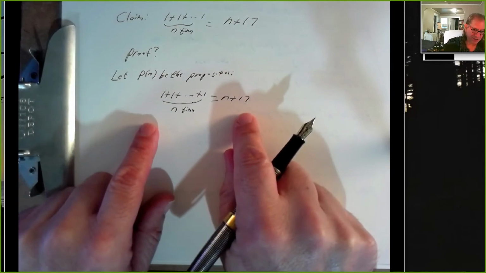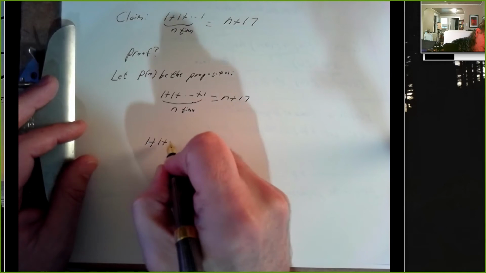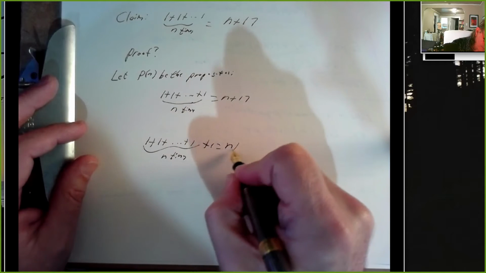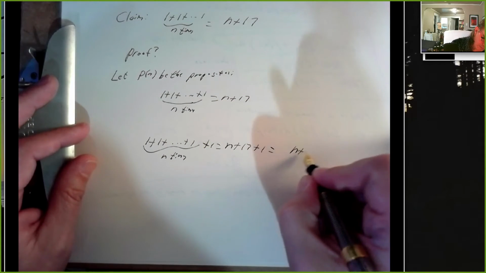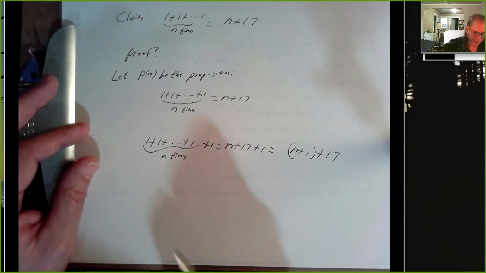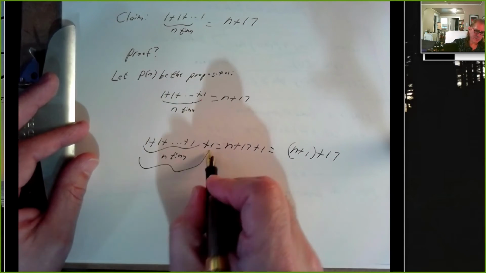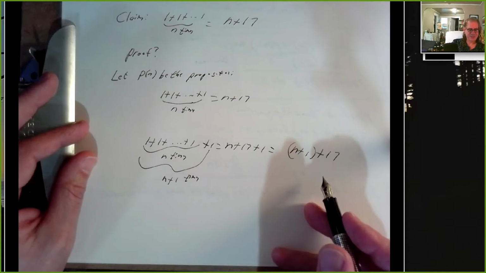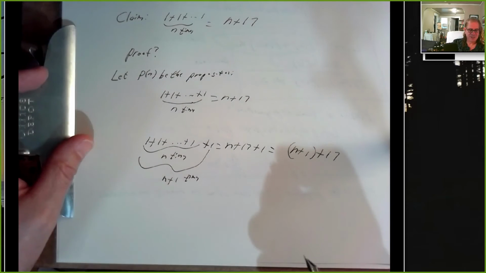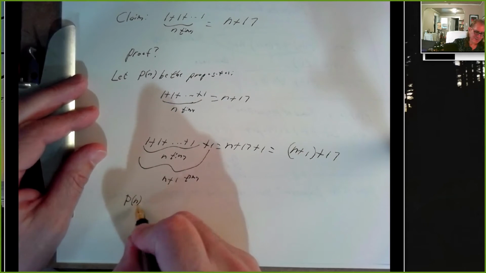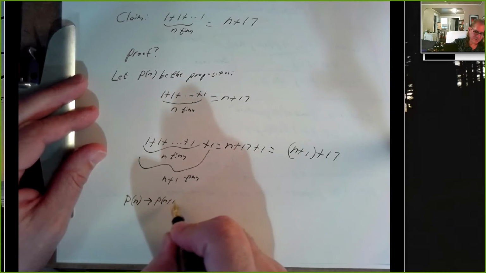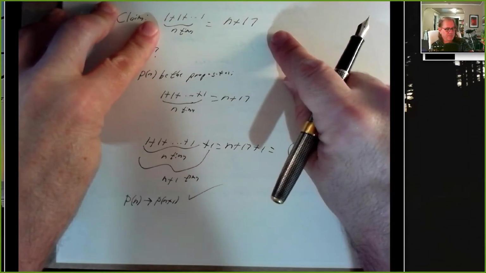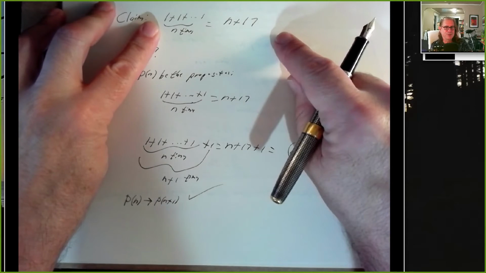Well, if P(n) is true, then this is also true. Right? If I add up n ones and I add one more 1, which is n+1 ones, that's equal to n + 1 + 17. That's what P(n+1) says. So we can prove that if P(n) is true, P(n+1) is also true. But that does not prove this claim. If it did, we'd have a problem, because 1 would equal 18.